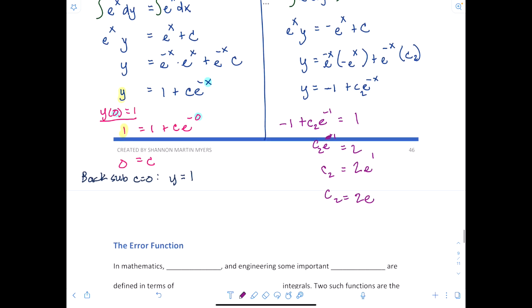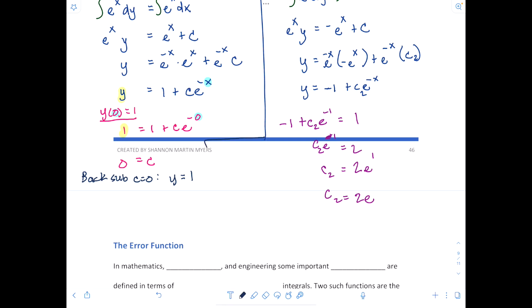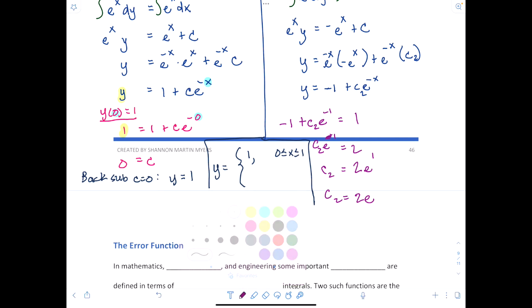So solving for my function at the end of the day, we're going to have y equals one for that first one, and that's when 0 is less than or equal to x less than or equal to 1. And then let's go back and substitute. I didn't do that.